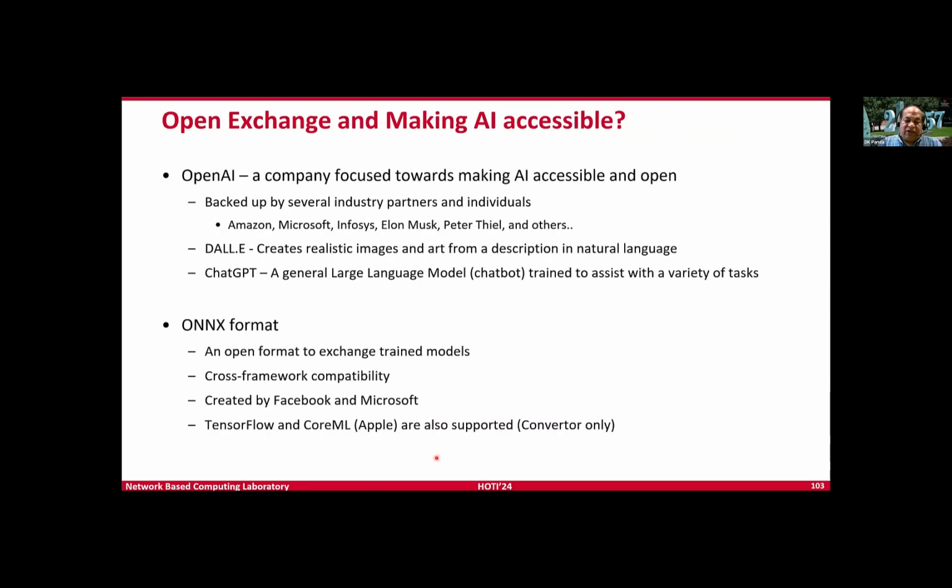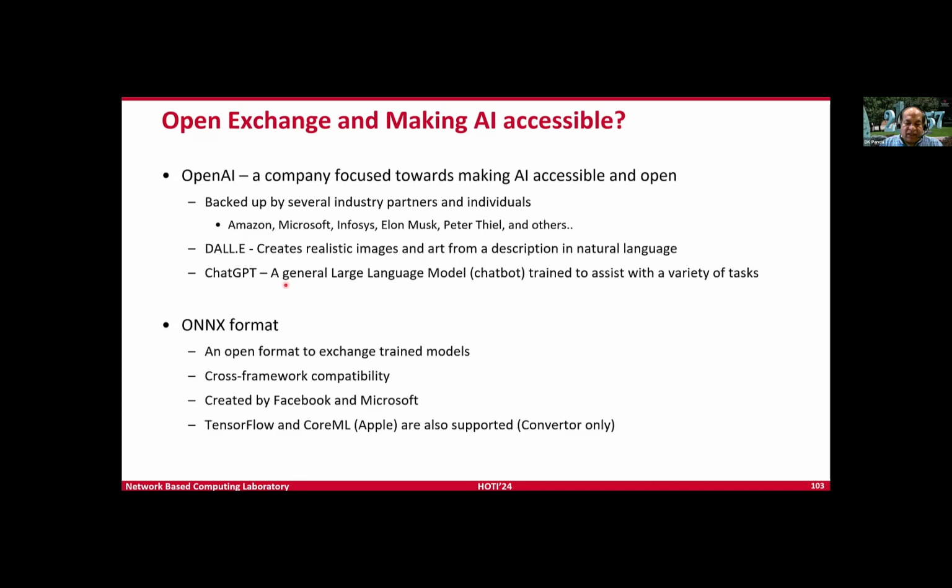And then, of course, in this whole field of AI, there is a lot of discussion going on about open source versus closed source, whether the models are open, and with closed source, you have some APIs you can use. This is where OpenAI started a few years back, and a lot of action is happening with DALL-E, which creates realistic images.